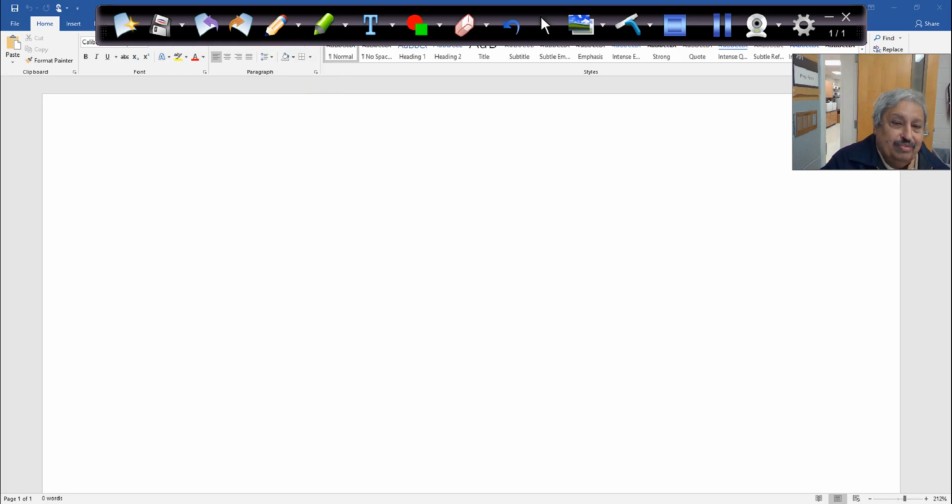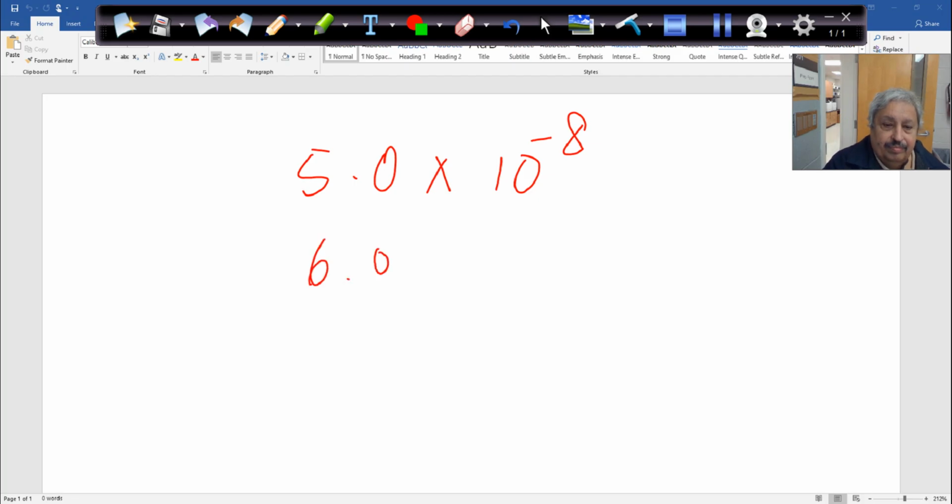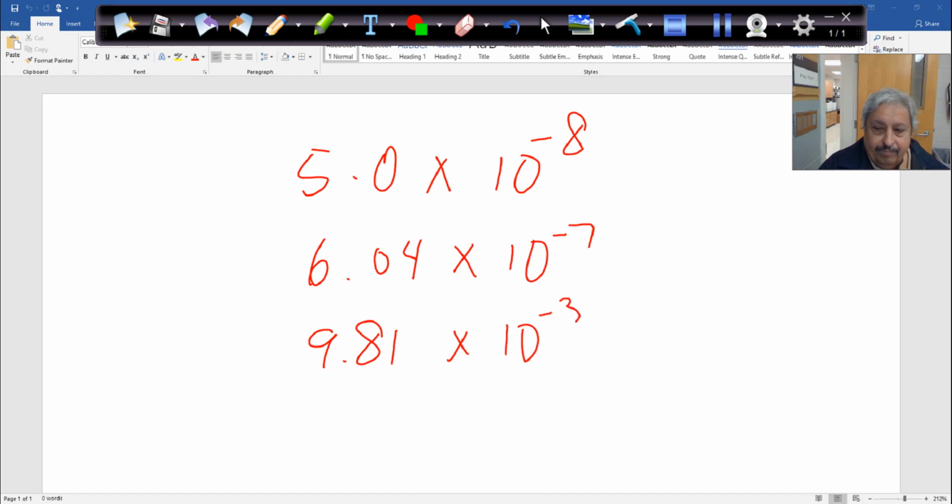So which one is the smallest value of this one here? Which one is the largest?